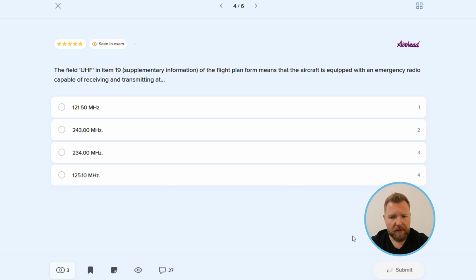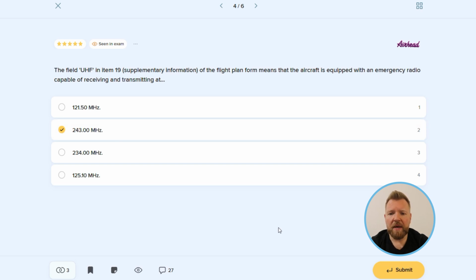In the radio subcategory, you can cross out uniform if UHF on frequency 243 MHz is not available, Victor if VHF on 121.5 is not available, or Echo if the emergency locator transmitter, the ELT, is unavailable. If you have any doubts which UHF frequency is dedicated for emergency transmission, just remember to multiply the emergency frequency 121.5 times 2. So the correct will be answer number 2.